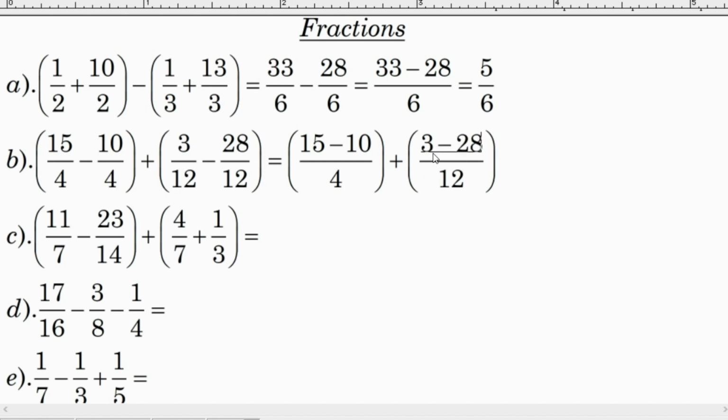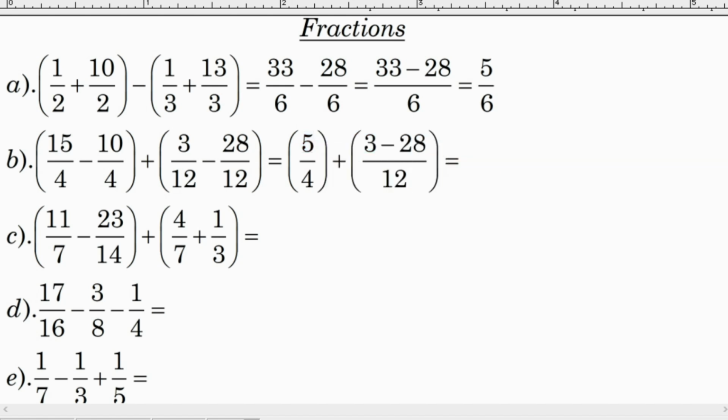Okay, so here we have 15 minus 10, so that will be equal to 5. So 5 divided by 4 plus, so here we have 3 minus 28, which is equal to minus 25.